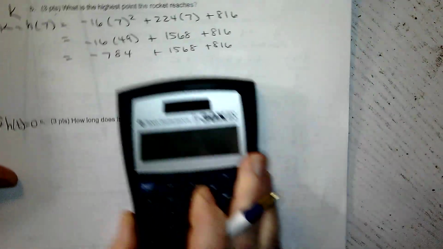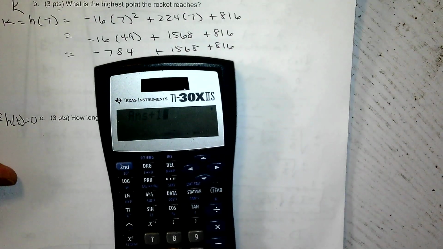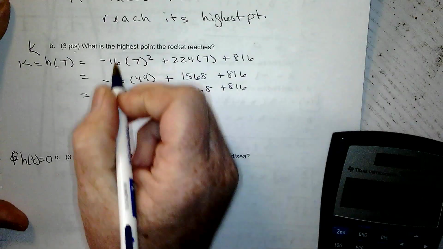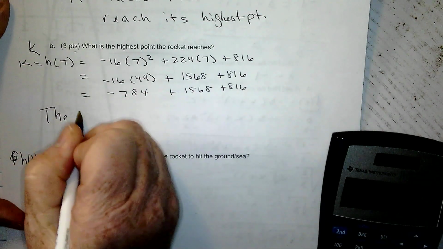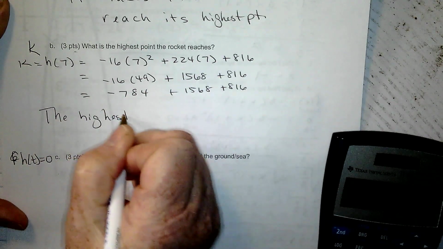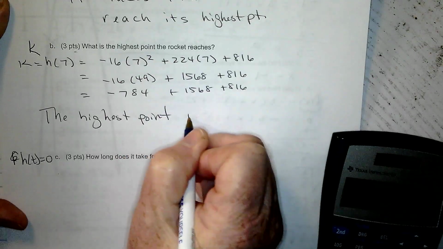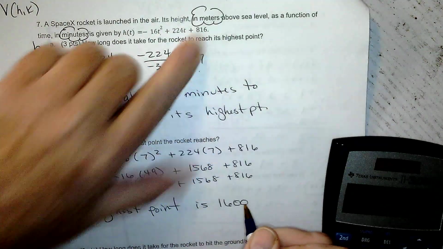All right, let's add these all up. Plus 1568 plus 816 is 1600. So the highest point is 1600 meters.